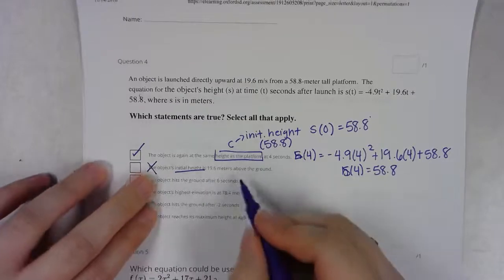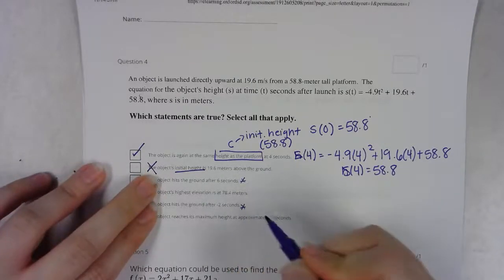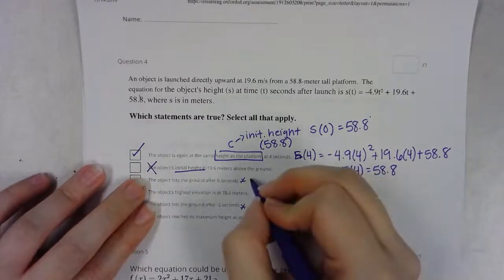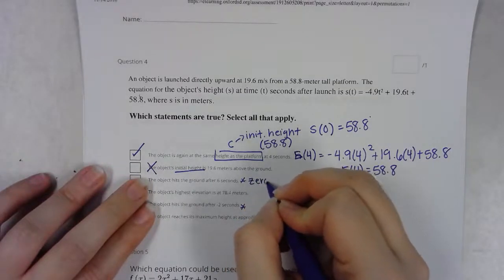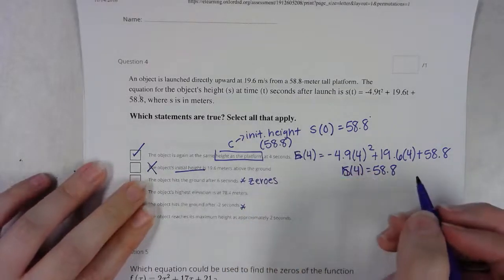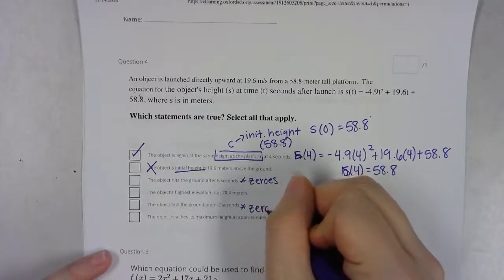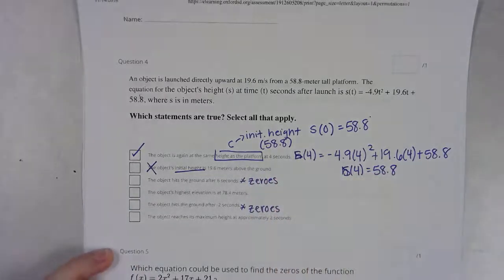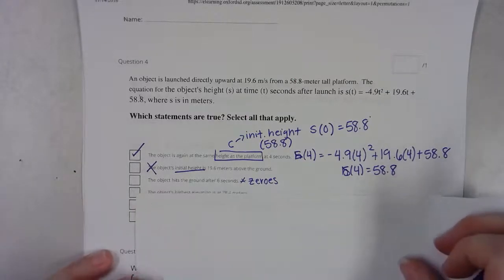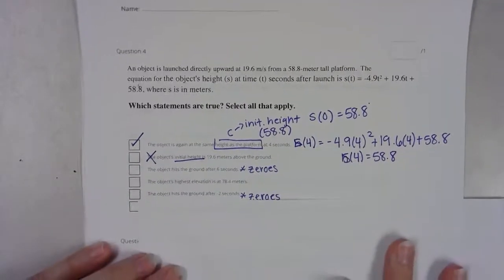The object hits the ground after 6 seconds. These two are going to be similar, and what these are asking for are the zeros. So this is when s of t equals 0. If this is asking for the zeros, we need to set the function equal to 0 and solve it.